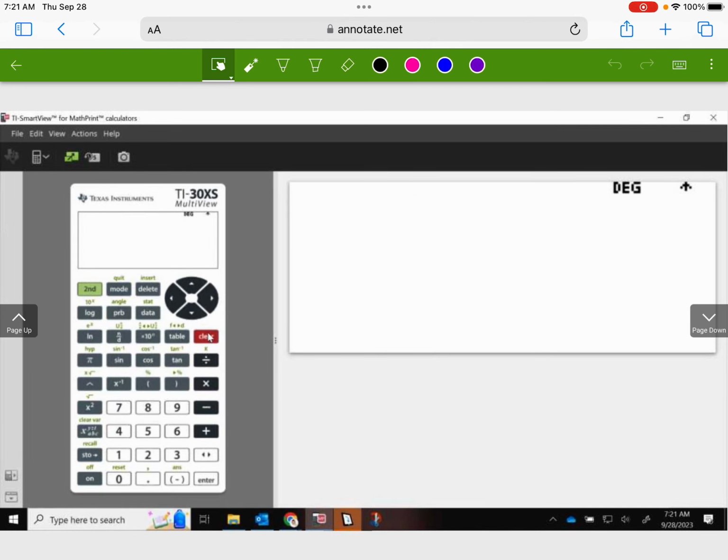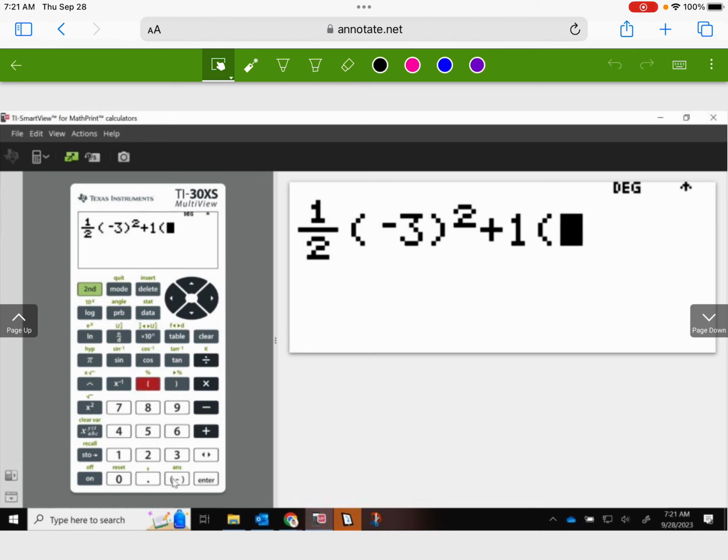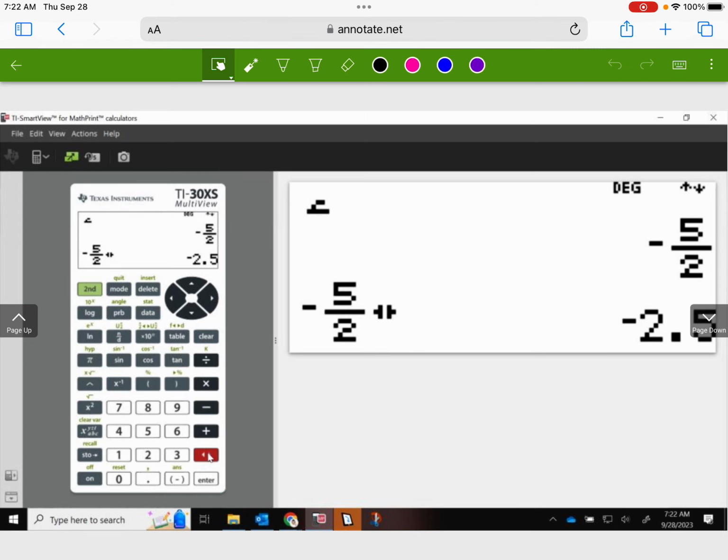Oh, hang on. Our 1/2. We got to get that in there. 1/2 times -3 inside parentheses, and the squared goes outside. Plus 1 times -3. Parentheses, minus 4. We have -5/2, or -2.5.